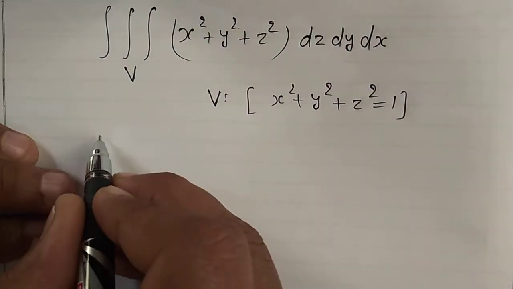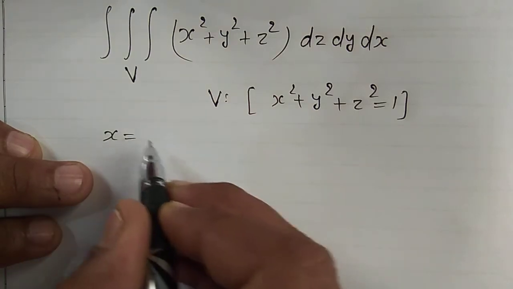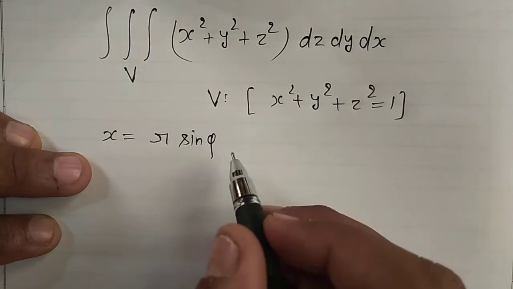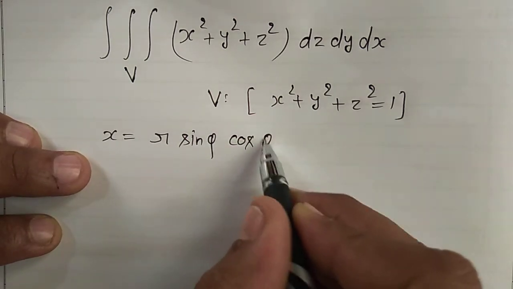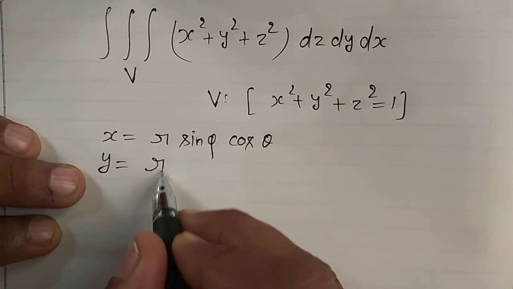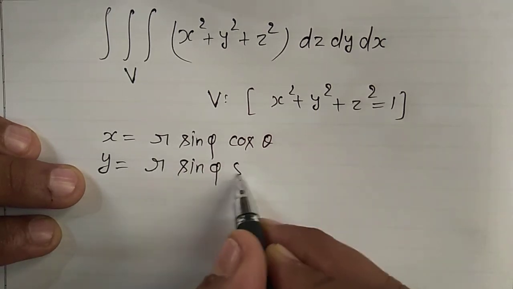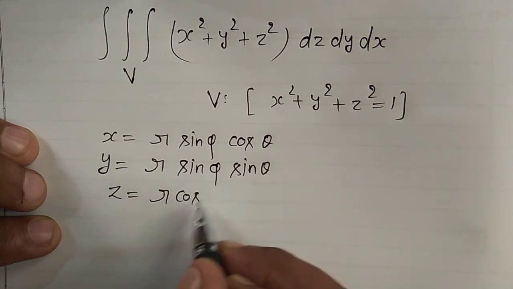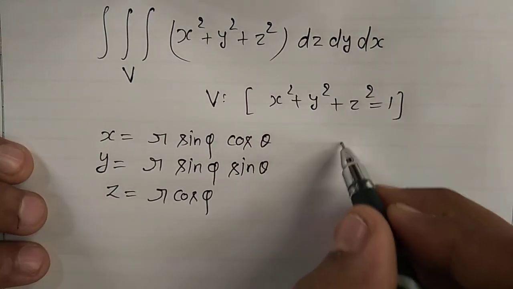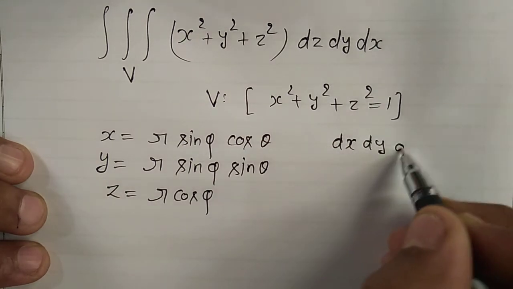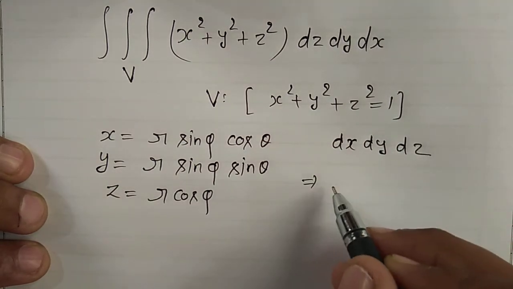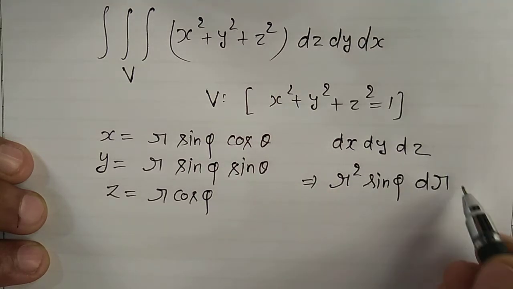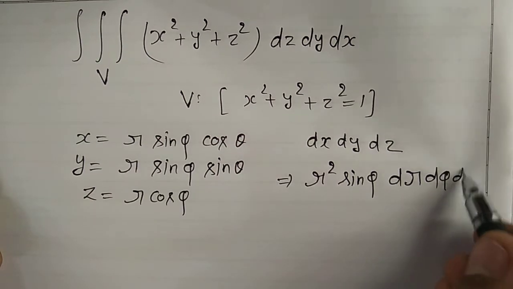So let us transform into spherical coordinates. x equal to r sin phi cos theta, y equal to r sin phi sin theta, and z equal to r cos phi, and dx dy dz equal to r square sin phi dr d phi d theta.